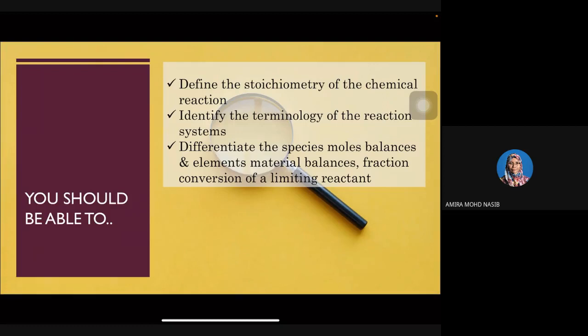Second, you should be able to identify the terminology of the reaction system. And we are going to touch a little bit on fractional conversion of limiting reactant. Differentiating the species material balance and element material balance, we will touch on in the next lecture.